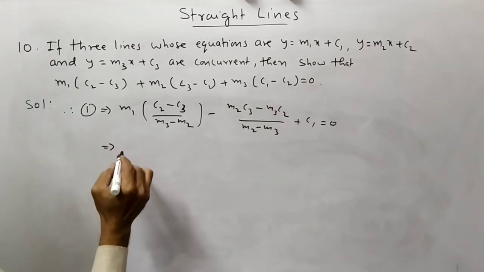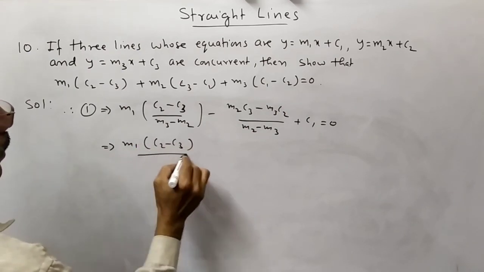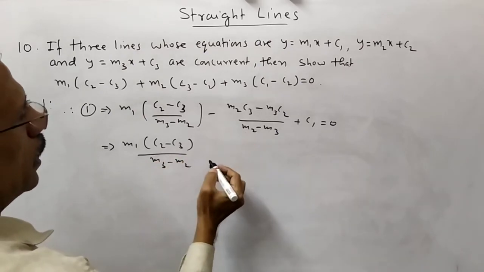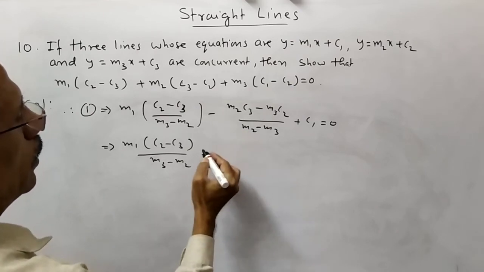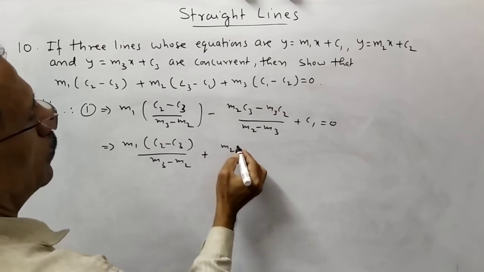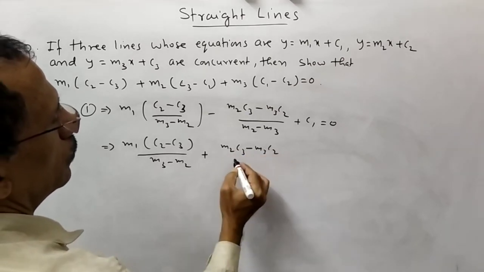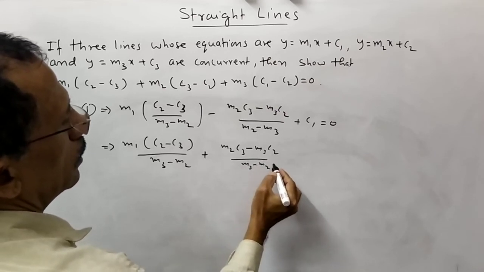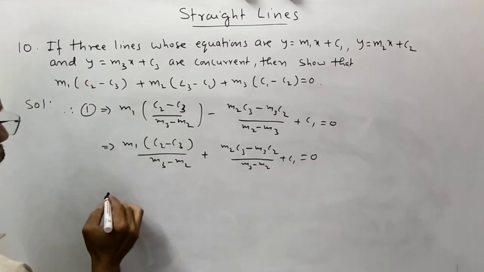This implies m1 into c2 minus c3 divided by m3 minus m2, minus sign when you take common from denominator, we will get plus m2 c3 minus m3 c2 divided by m3 minus m2 plus c1 is equal to 0.